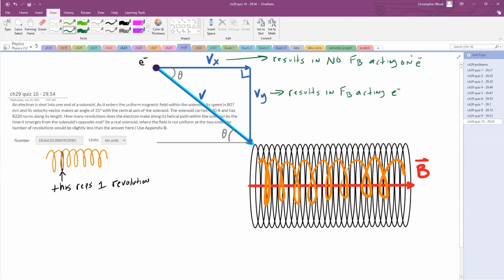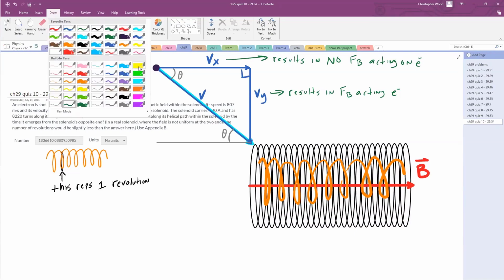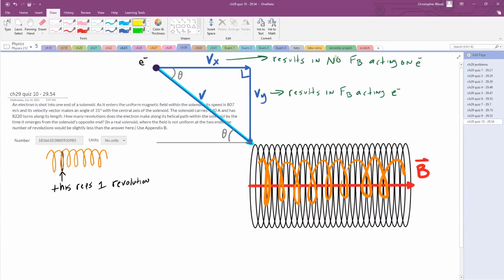And I'm going all the way back to the start of chapter 28. If charges move parallel or anti-parallel, they don't feel any magnetic force. So V sub x is parallel with B. I better write that down. V sub x is parallel with B. Therefore, no magnetic force.